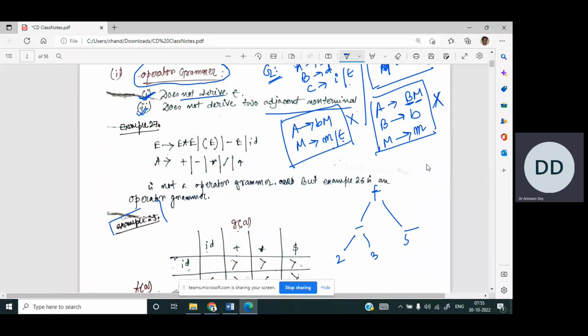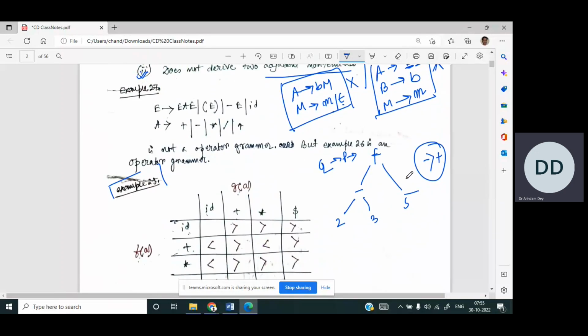So under the operator precedence part, you check that minus had higher precedence than plus. This is the specific tree for a production rule, right? So to check the precedence of minus and plus, we have to approach from bottom up. You can remember, because first you have to perform this minus operation, then you have to perform the plus operation.